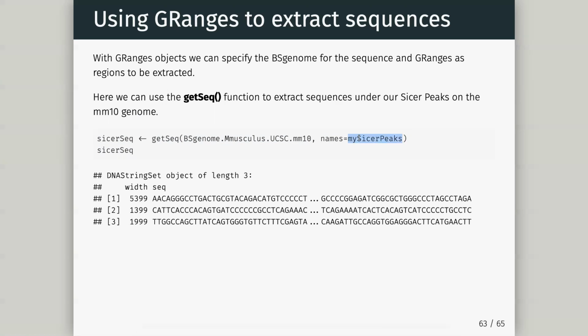So we want to get the sequence under these regions. And then it returns to me in one line a DNAStringSet object containing the sequence under these peaks, or within these ranges, extracted from this BSgenome object. Here I'm just showing three, but actually you could do this with your full ChIP-seq, get the sequences, and then pass them to your motif finding tool.